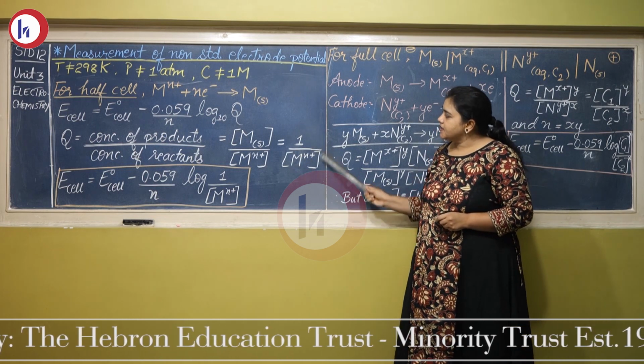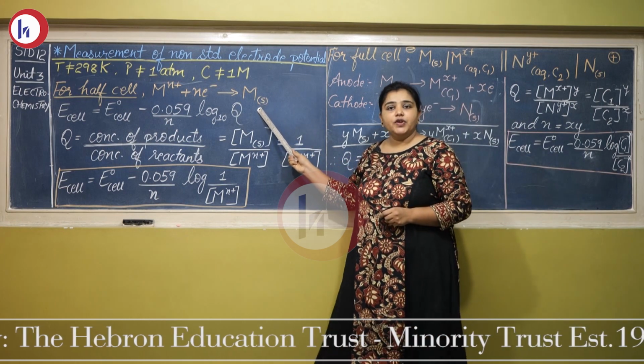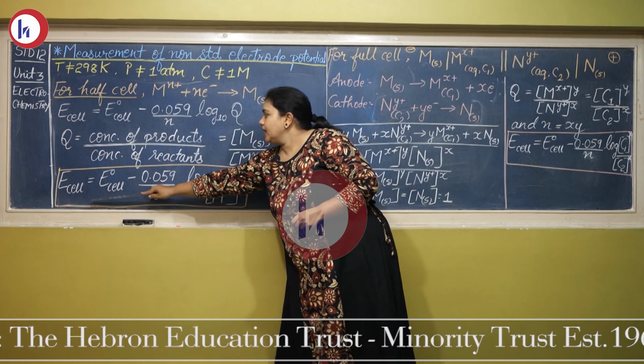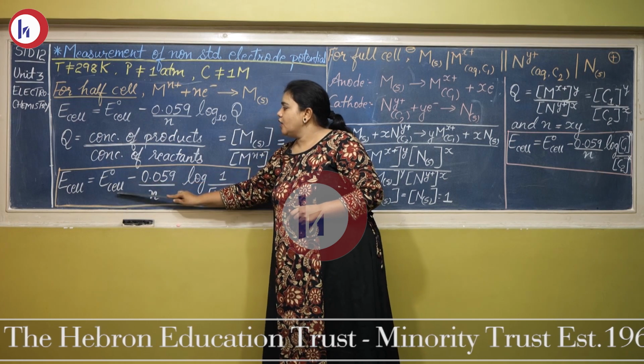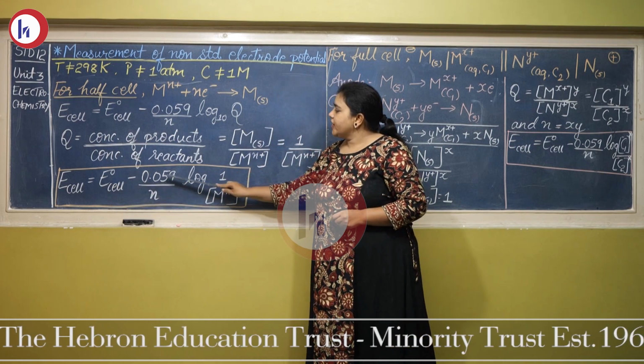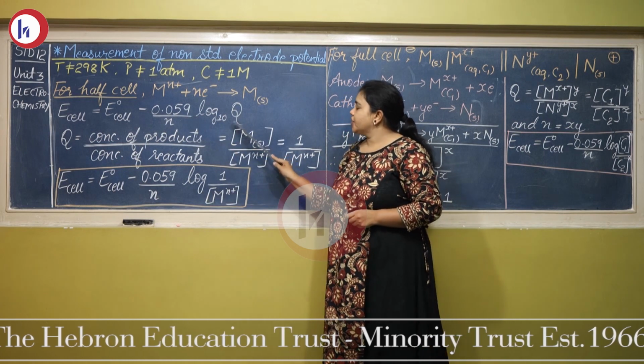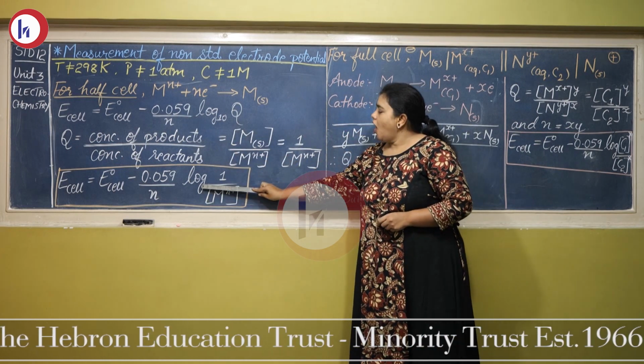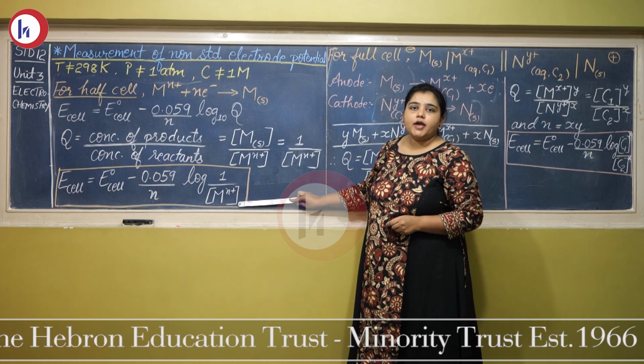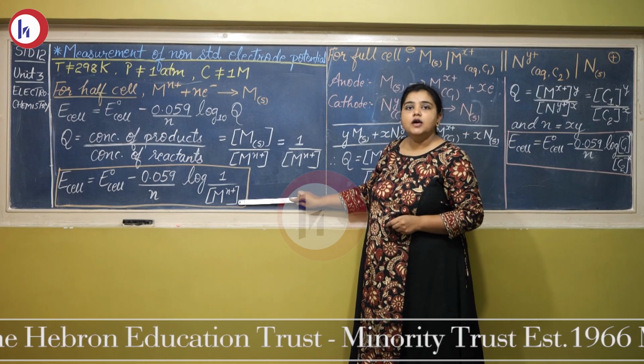Substituting this value in the Nernst equation, we get E cell equals E naught cell minus 0.059 upon n log of the reaction quotient for a half cell, that is log of 1 divided by the concentration of the metal ions in the solution.